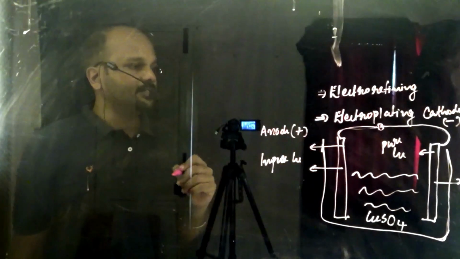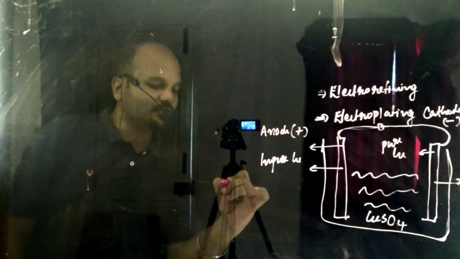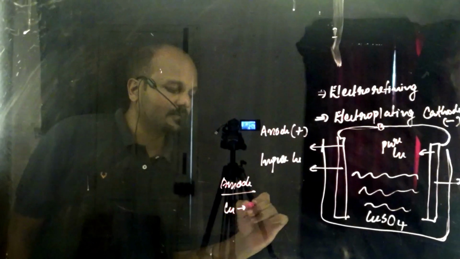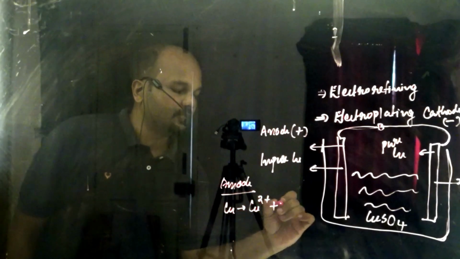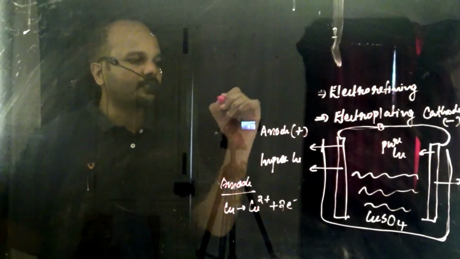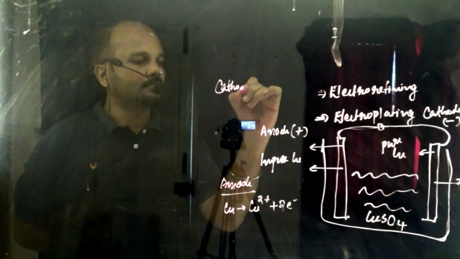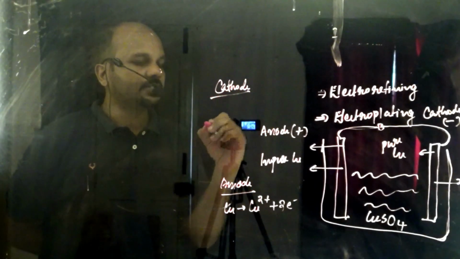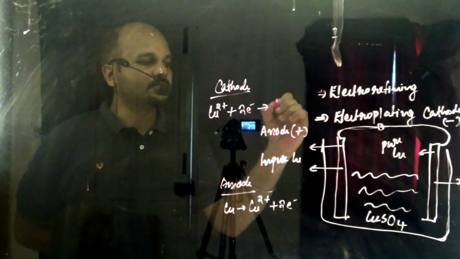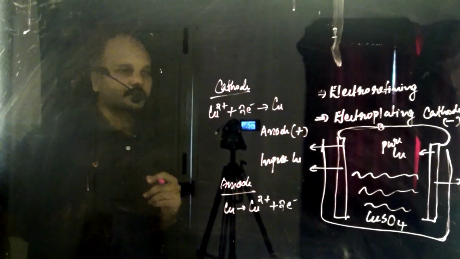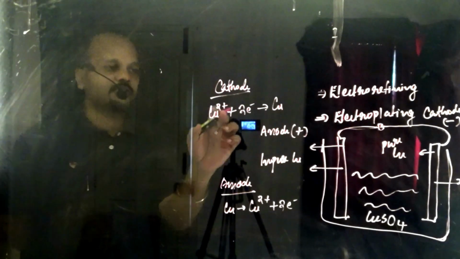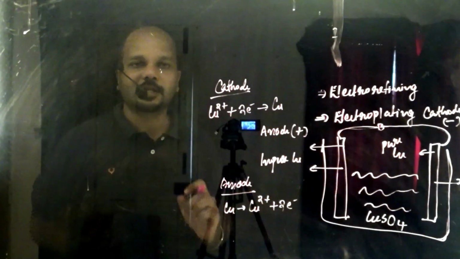In the anode, you know very well what reaction is happening: Cu becomes Cu2+ plus 2 electrons. And in the cathode, Cu2+ plus 2 electrons becomes Cu, so this copper is going to get deposited in the cathode.